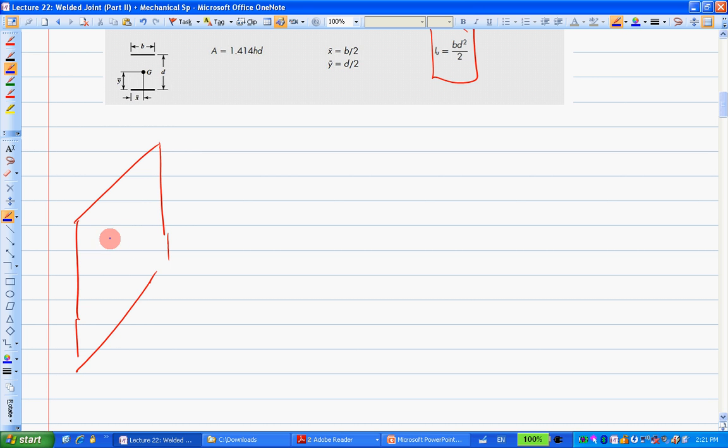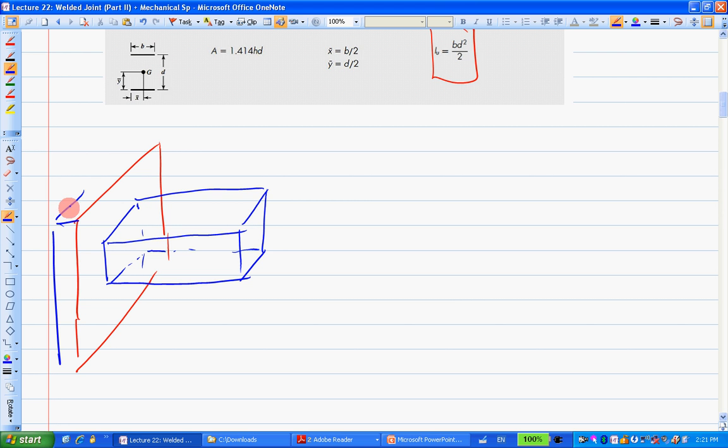I'm going to weld a shape like this onto this member. So how do you do the weld? You can just weld it over here and over the other side, and then you have a force probably applied at this location.